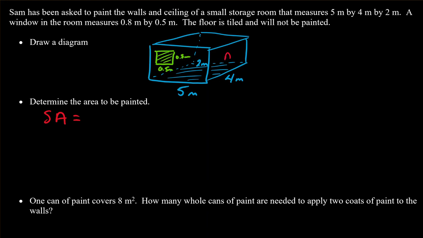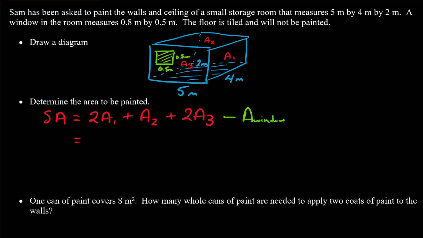We'll call this area number 1, and it's going to be the area of the roof. So it's going to be area number 2, and then it's going to be the front. That's area number 3. So we're going to have 2 area 1s plus only 1 area 2 plus 2 area 3s, and then we have to subtract the area of the window. That's what we have to do.